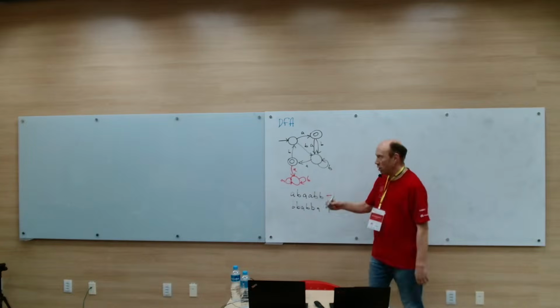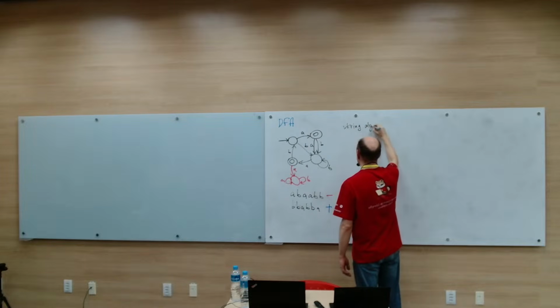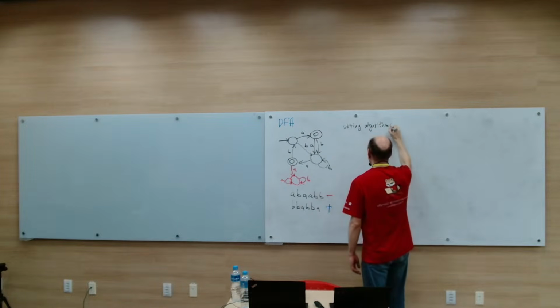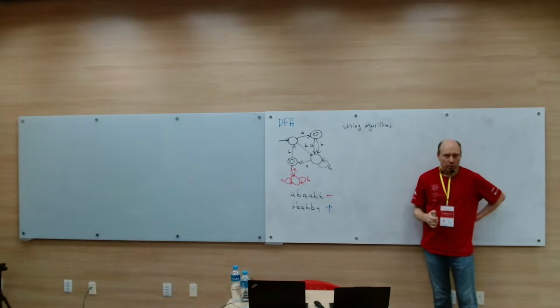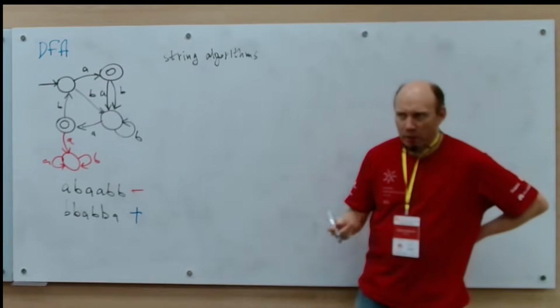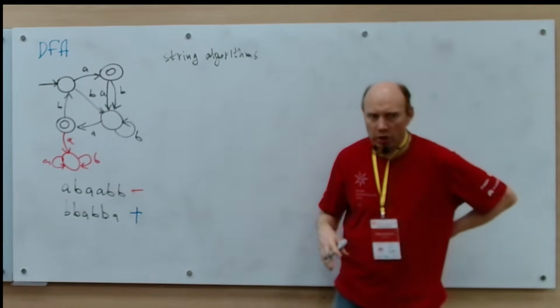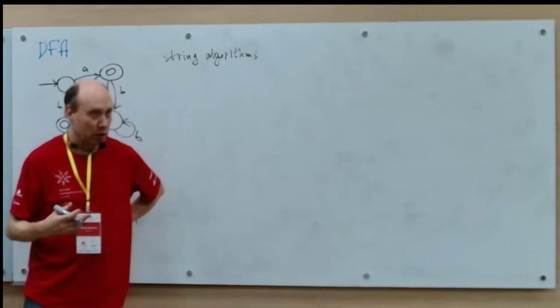One is string algorithms. There are a few string algorithms that use finite automatons. One of them is an algorithm that you probably know without any automatons, which is substring search using the prefix function.